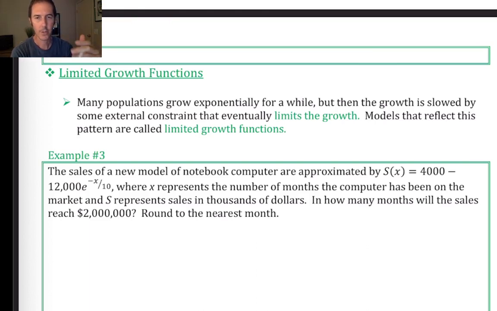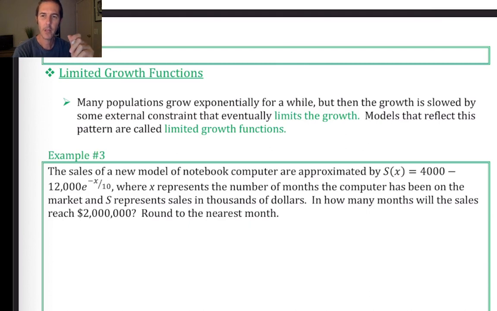That is an illustration of exponential growth. But if you're talking about population in particular, whether it's people or bacteria or whatever, there's often going to be a limiting factor: the amount of real estate available, natural resources, food, water, space. That kind of limiting factor is what causes us to have a limited growth function.